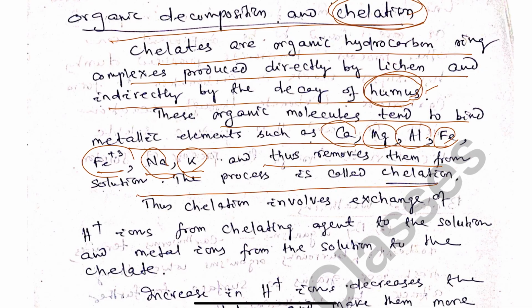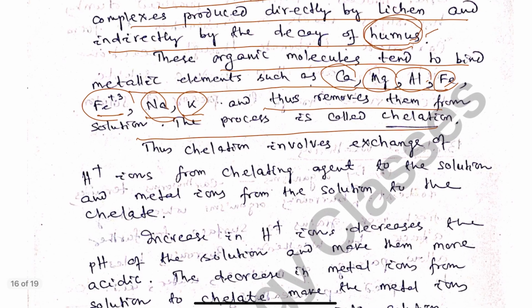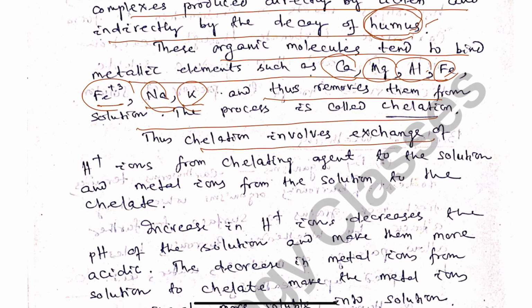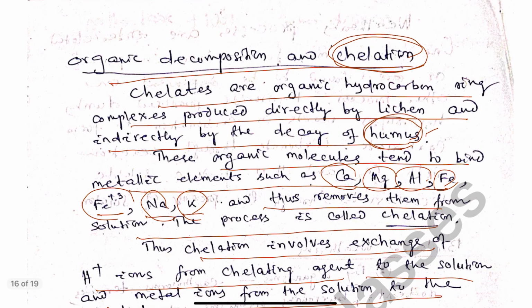The metallic components are removed from the minerals through the humic acids. Thus, chelation involves exchange of hydrogen ion from the chelating agent, that is humus, to the solution, and metal ions from this solution to the chelate or to this organic hydrocarbon ring.